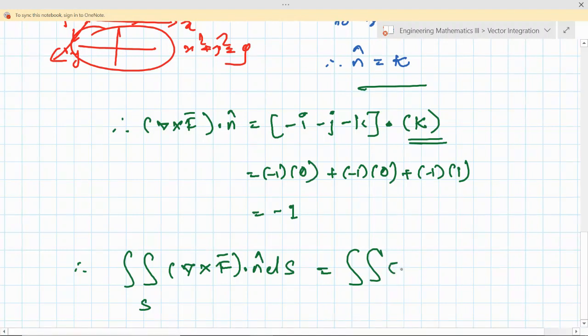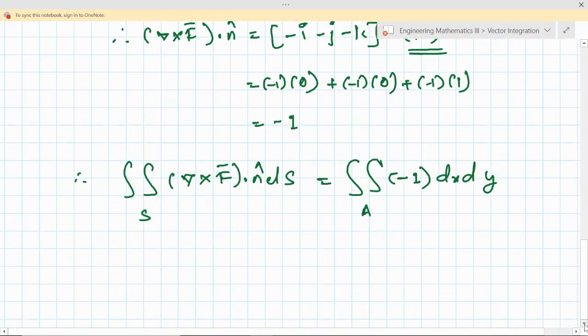Here ds is nothing but dx dy, and the surface is nothing but our region A, the area of the circle, simply. What is region A?